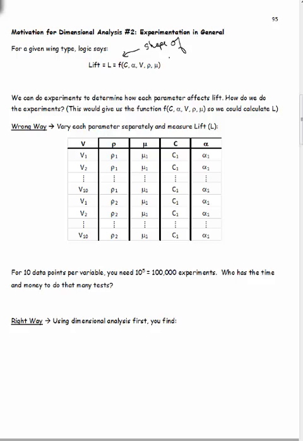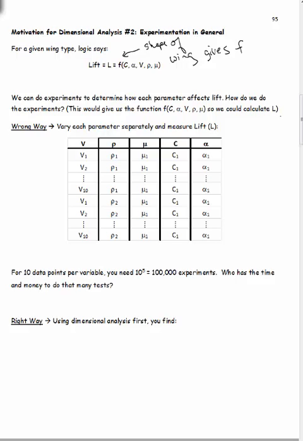Shape of wing gives your F. Okay, and when I say a function of, that means, you know, L equals C squared minus alpha plus V. Of course, all the units have to work out. That kind of thing is a function.